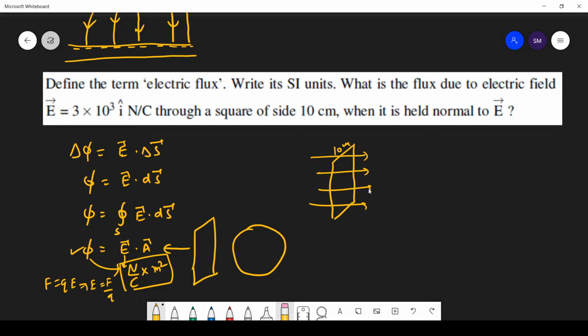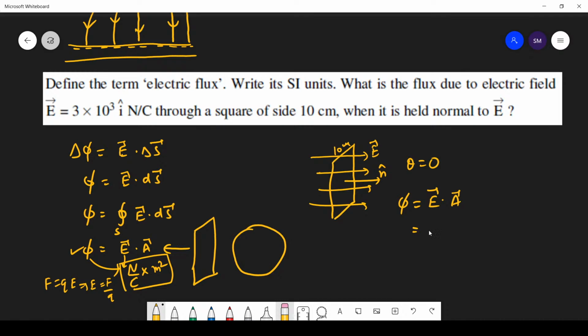Normal to E means the direction of this square and the direction of the electric field is the same, meaning theta equals 0 degree. So phi is equal to E A cos theta, and we'll be using this formula here, because the angle between E and all the small area elements is the same.